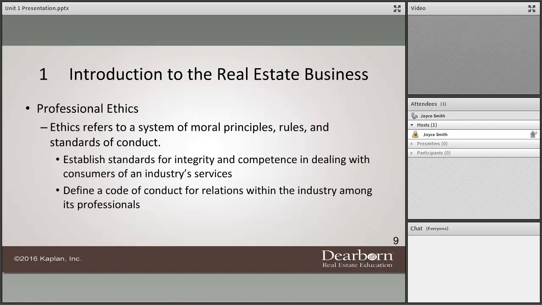Professional ethics. Every field we belong to these days has some kind of ethical requirement. The Ohio State requires you to take an ethics class every 3 years. It's a 3-hour class, and as long as you're licensed, you're required to take that ethics class. It's a similar class year after year, but there are always changes in ethics.